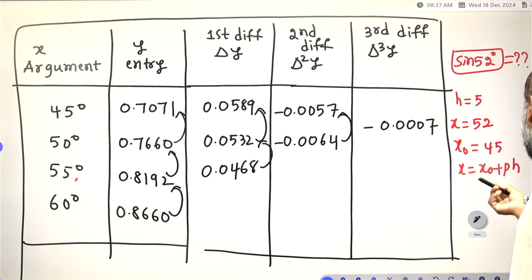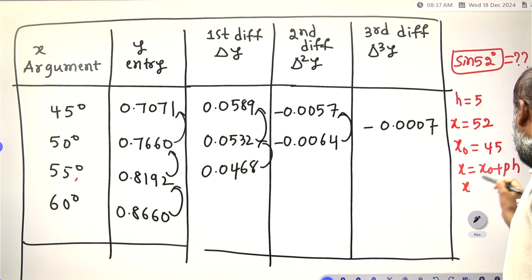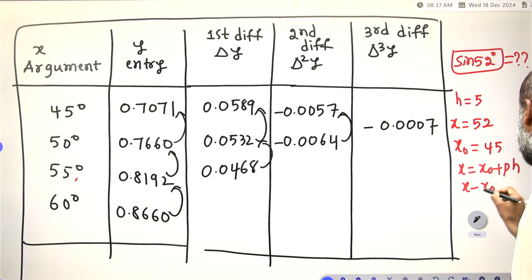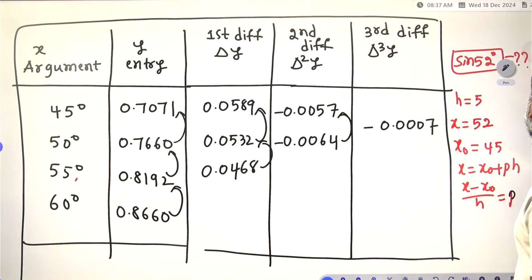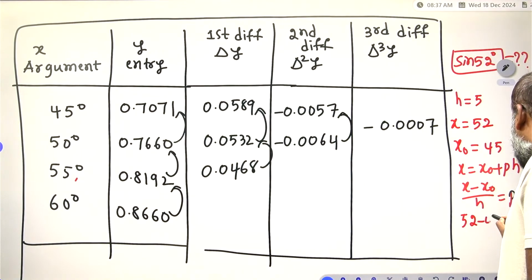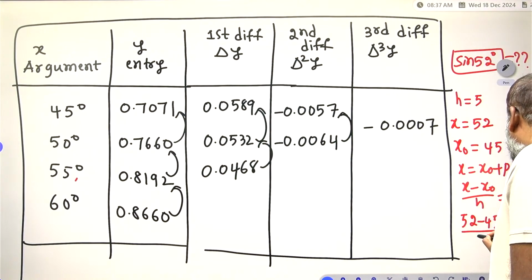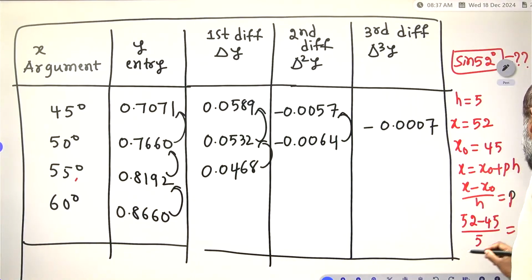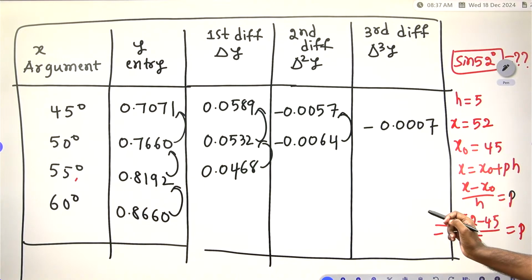So (x minus x0) divided by h is equal to p. Therefore, 52 minus 45 divided by 5 is equal to p.